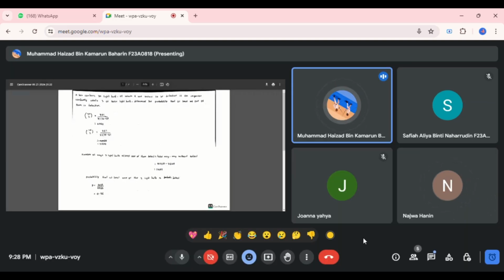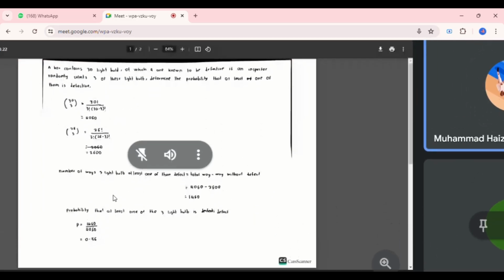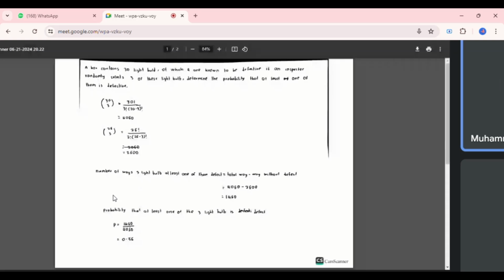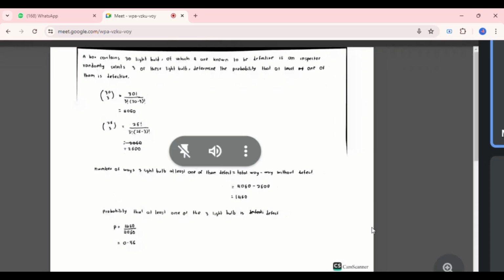And for the last question, question 16 from chapter 6. The question is: a box contains 30 light bulbs, of which 4 are known to be defective. If an inspector selects 3 bulbs, what is the probability that at least one of them is defective?